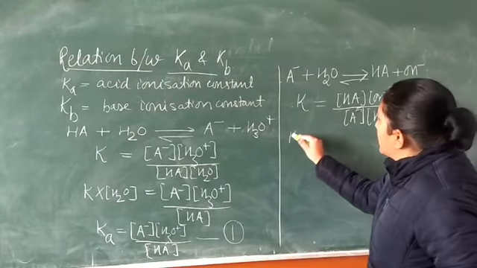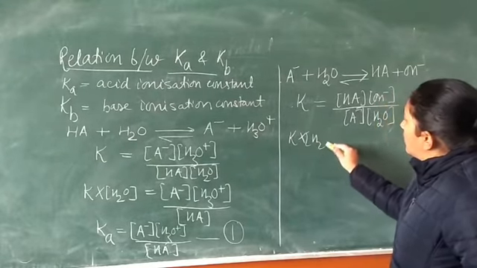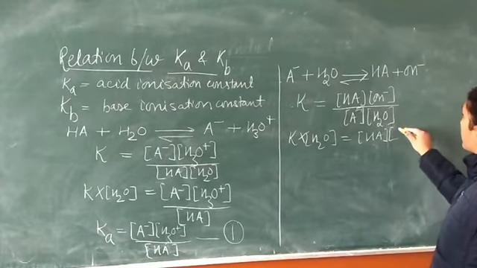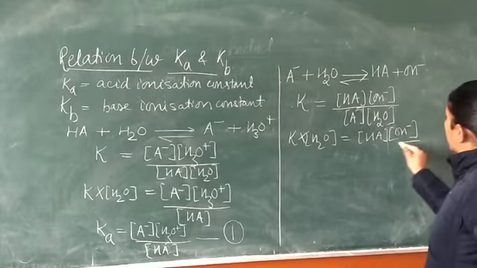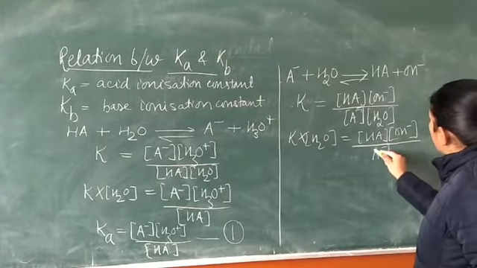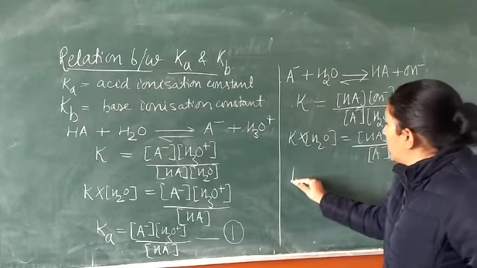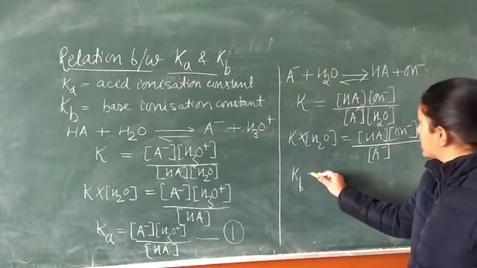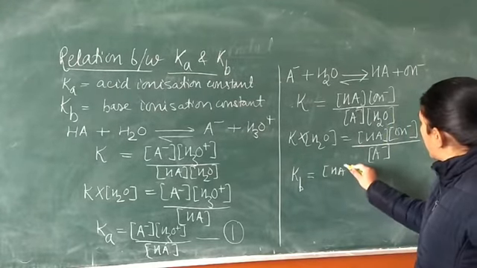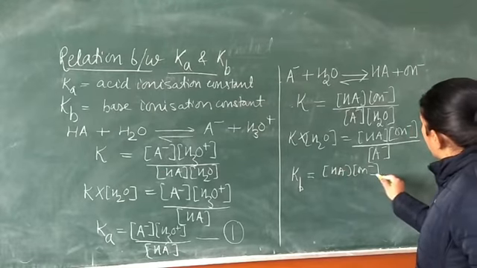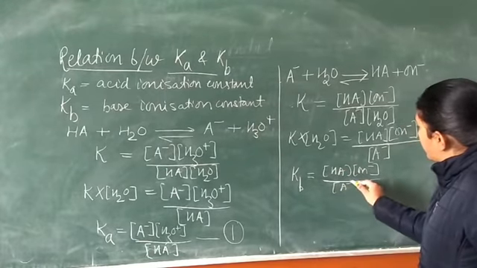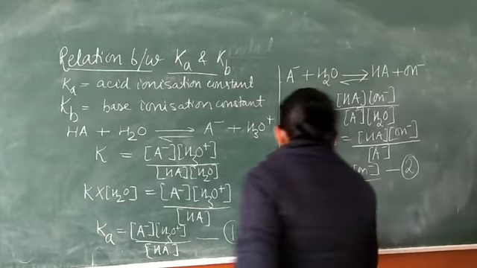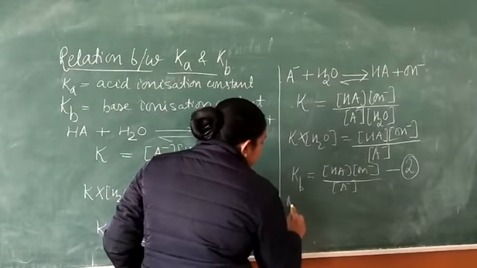Again the same step, K into H2O will give HA OH negative upon A negative. So K into H2O here will become constant, it's Kb, that is base ionization constant, and we will get here HA OH negative upon A negative. This is equation number 2.